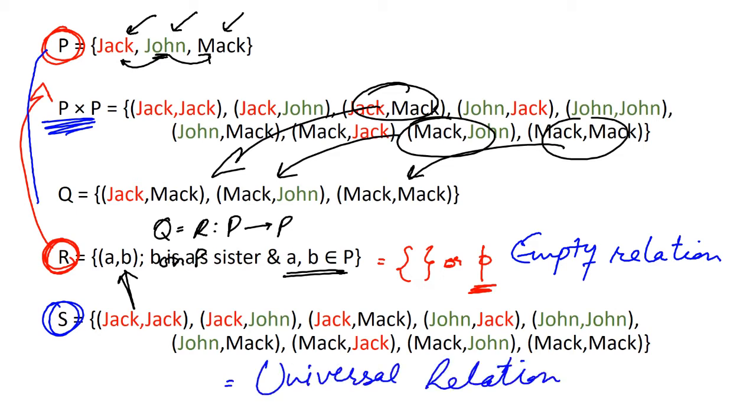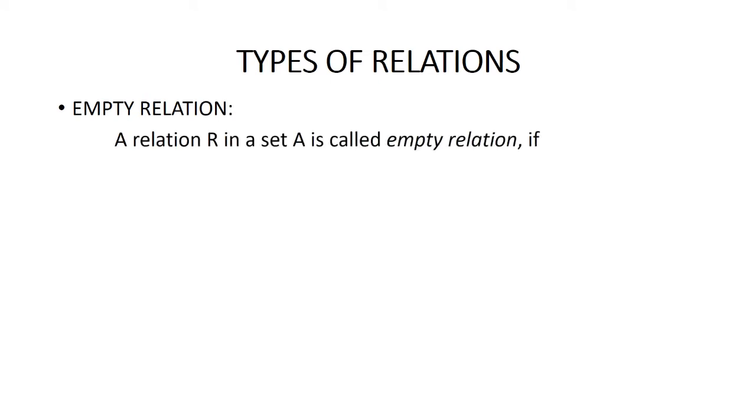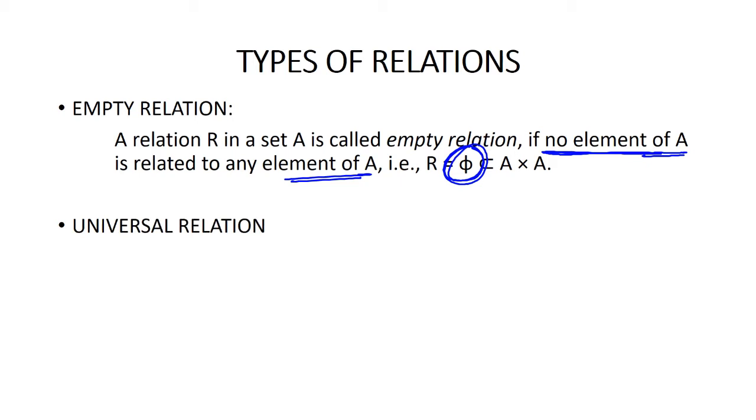So broadly, relations can be divided into 2 categories. Number 1, empty relation, and the definition says that a relation R in a set A is called an empty relation if no element of A is related to any element of A. Remember, no element is related to any element, and this relation is always an empty relation. The second type is universal relation, which we have discussed.